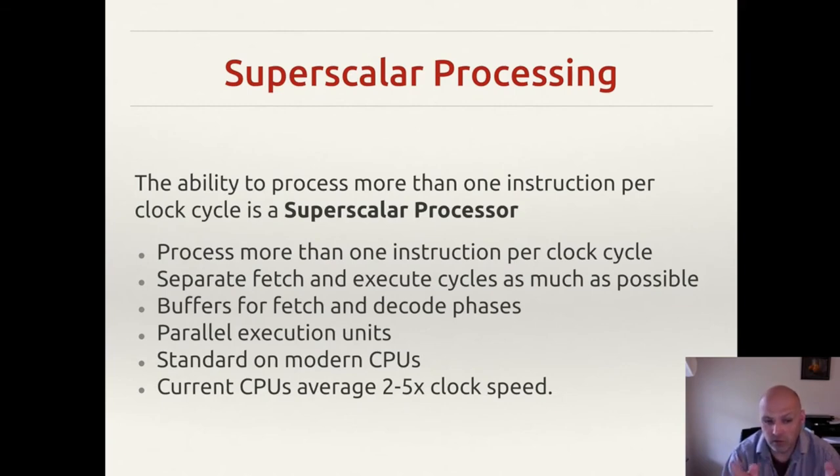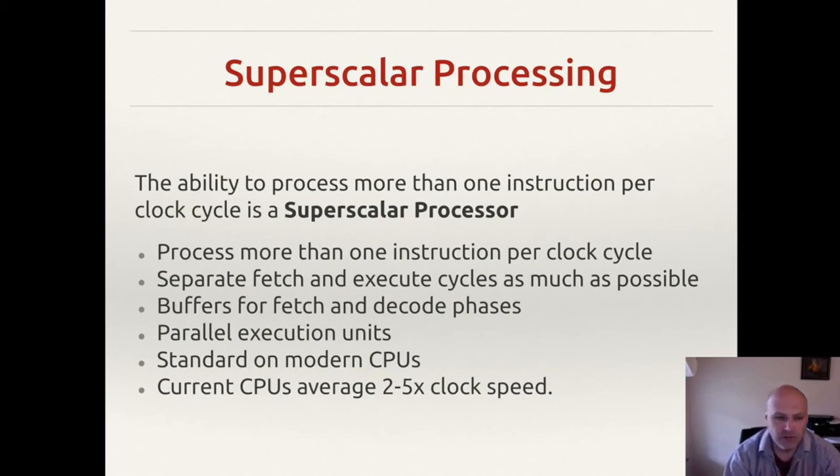Because of this, we're going to have an output, hopefully, of more than 1 instruction per CPU cycle. In fact, modern CPUs do use this, and they usually achieve a 2 to 5x improvement: 2 to 5 instructions completed per clock cycle.